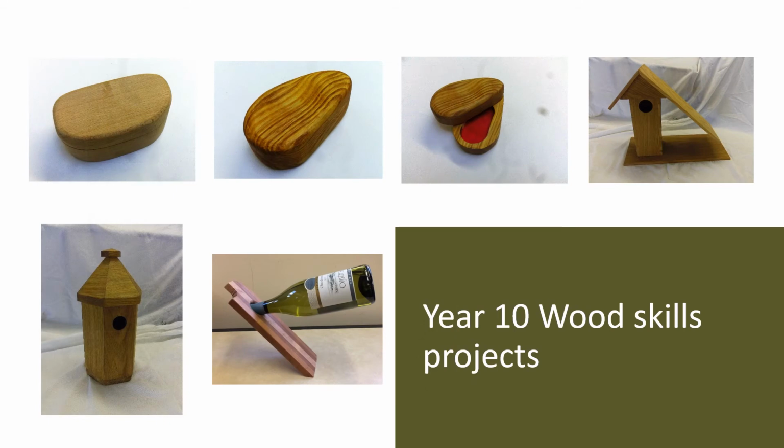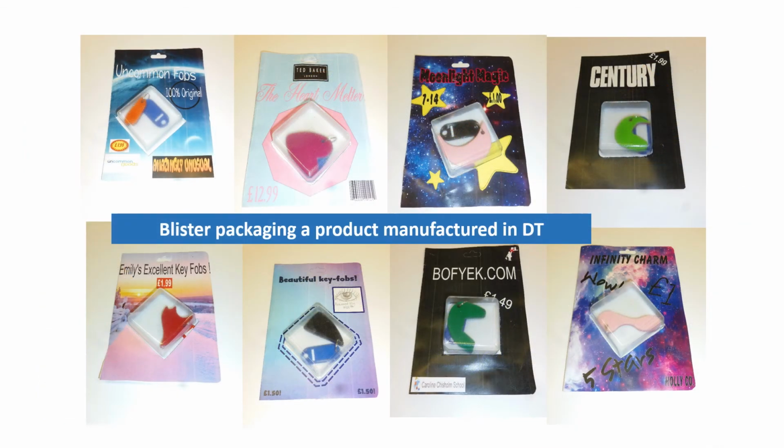Using wood to make containers, boxes, even bird boxes, or even a wine holder. Packaging a simple item like an acrylic key fob, but using blister packs and the vacuum forming machine.